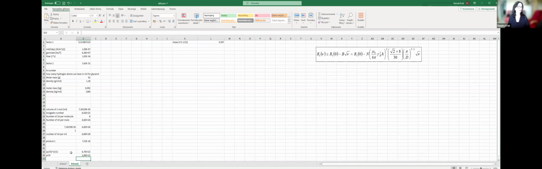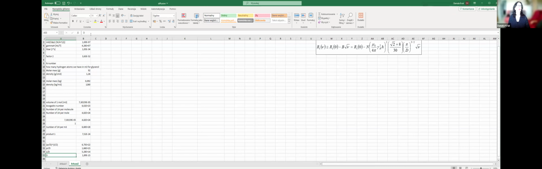So let me calculate pi over d, which will be this value divided by 3.14. Let me calculate d, which will be 1 over this value.